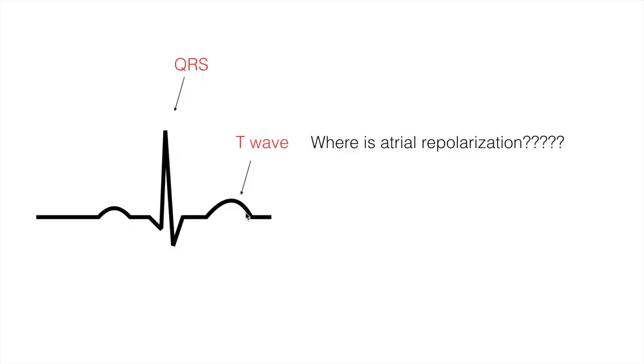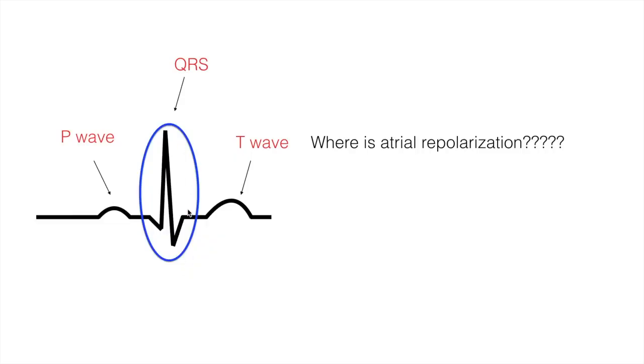That being said, the question is, where is atrial repolarization? So if QRS represents ventricular depolarization or contraction, and T wave represents ventricular repolarization or relaxation, then where is atrial repolarization if this is depolarization? Well, it can be found within the QRS complex.